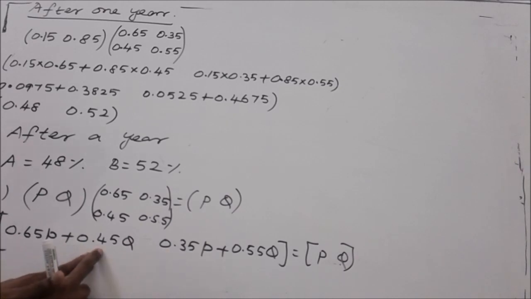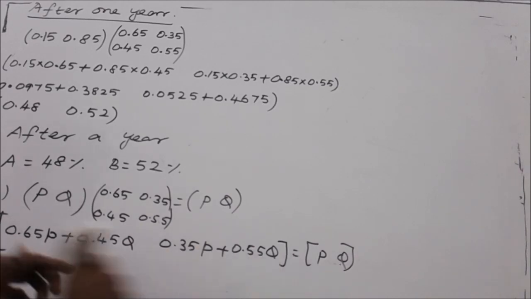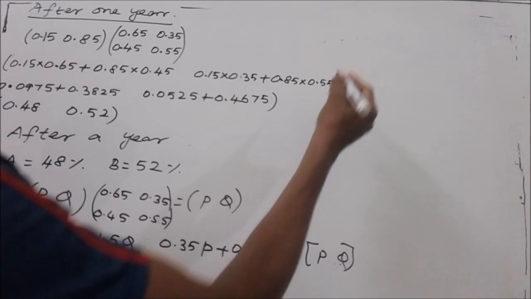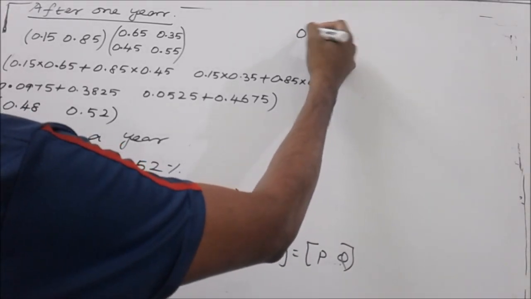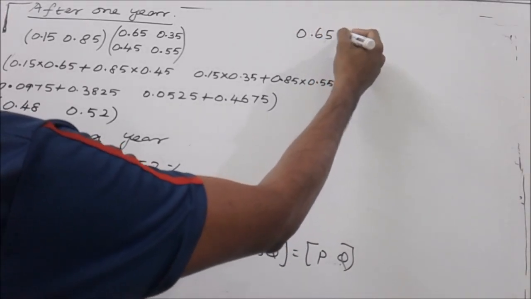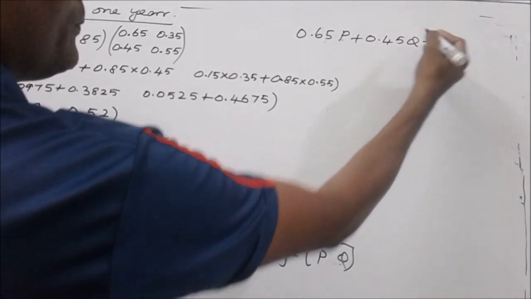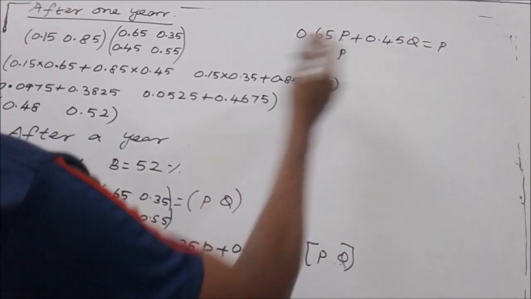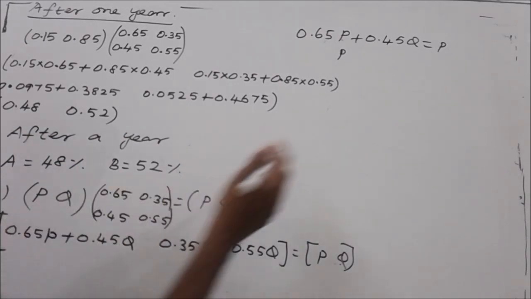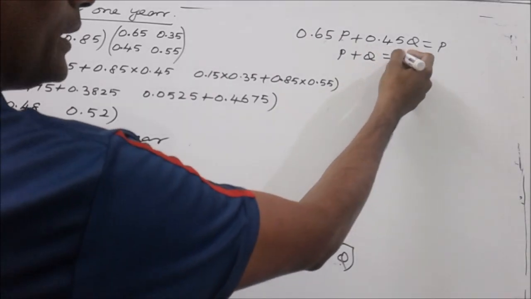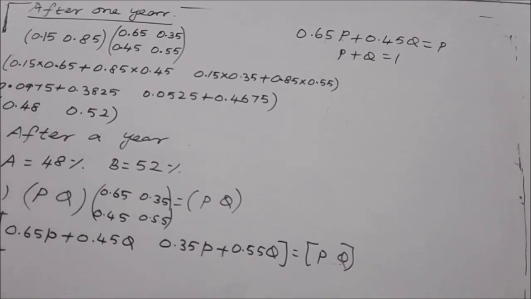0.65p plus 0.45q equal to P. From this we have an equation: 0.65p plus 0.45q equal to P. We know that the sum of P and Q equals 1, because they are probabilities of an event, and the total of all events equals 1.